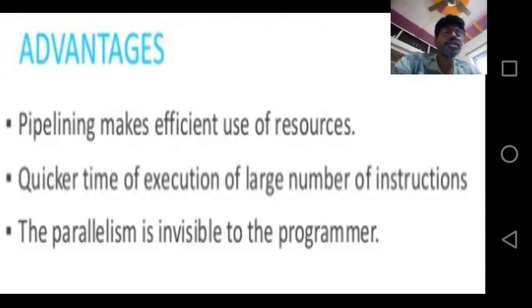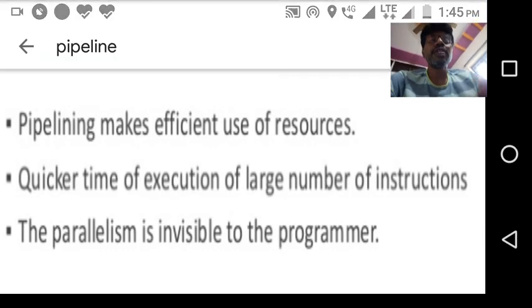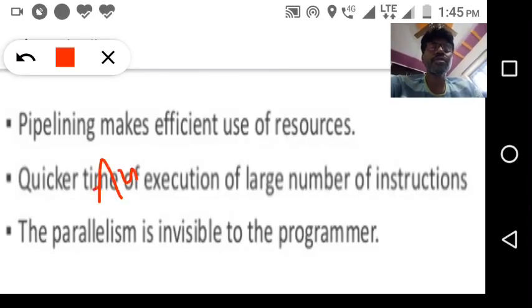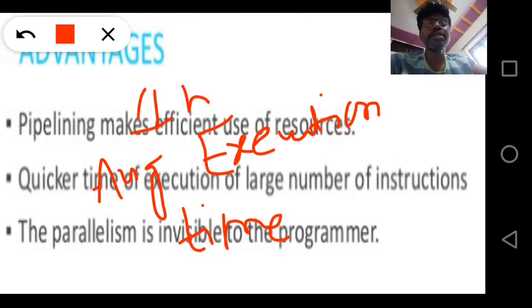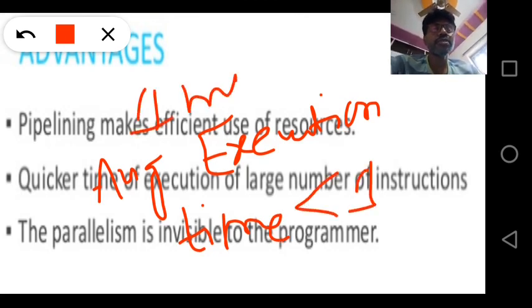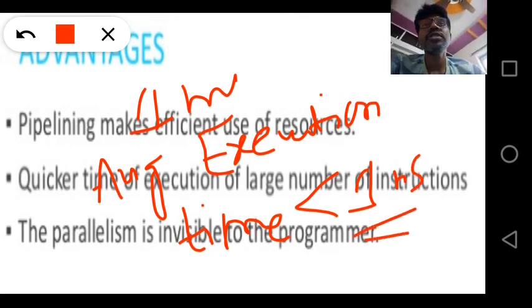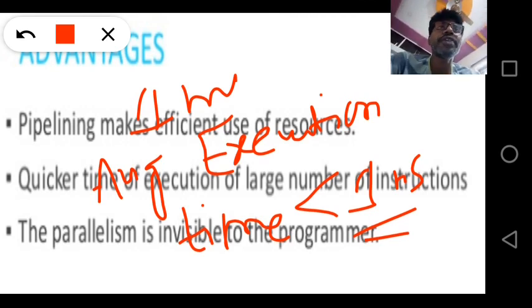And this average of 1.5 will reduce further with the number of instructions. So the advantage is that pipeline makes efficient use of resources, with quicker execution of a large number of instructions. If you have some 1 million instructions, the average execution time is less than 1 nanosecond, which is very advantageous compared to 6 nanoseconds.